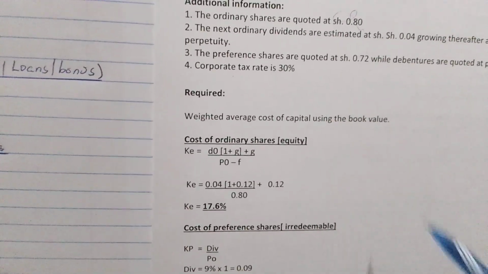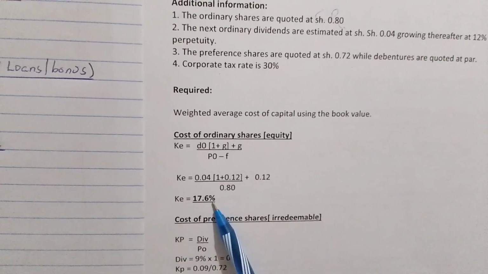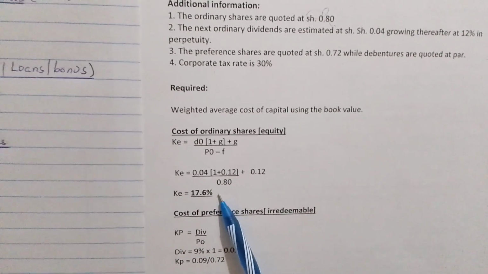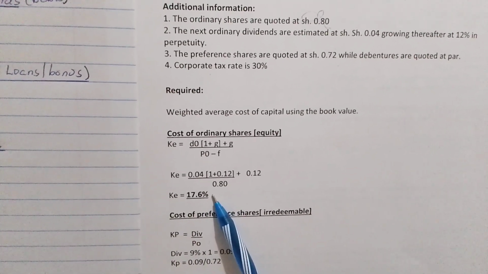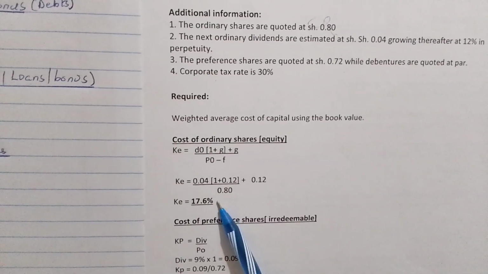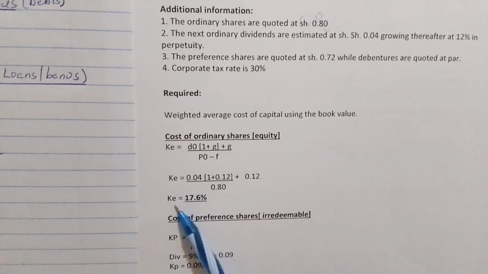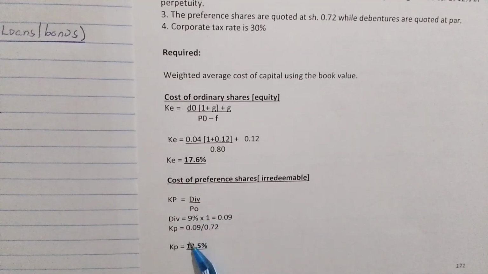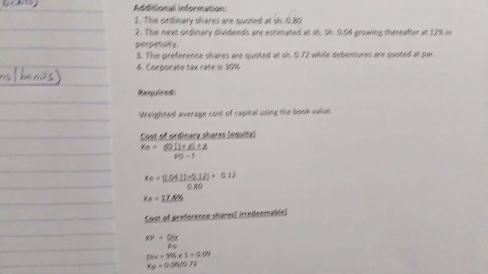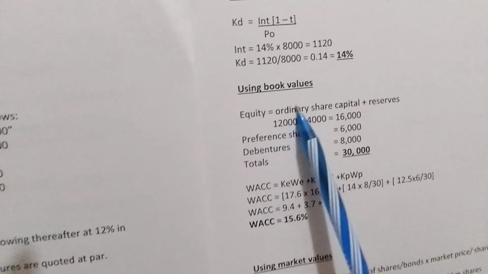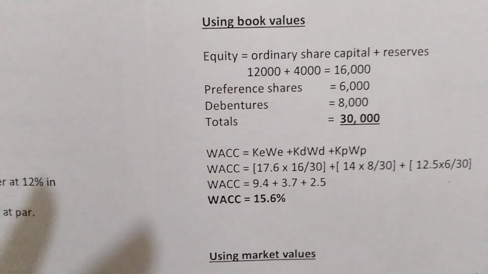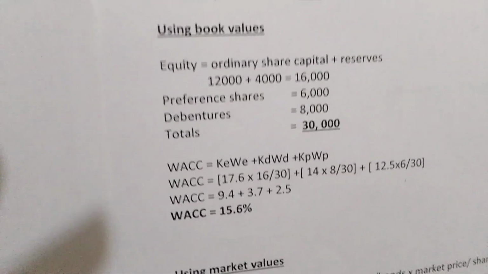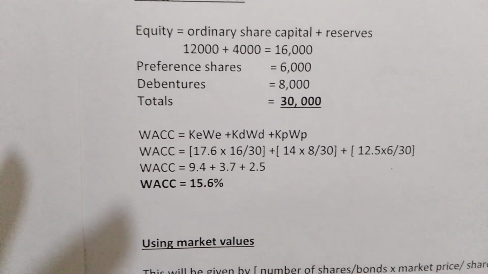Let me remind you, there are three. 17.6 for equity. Note this now: cost of equity, 17.6; cost of preference shares, 12.5; and cost of debt, 14. Those are the three cost elements that you'll be using in your formula here.